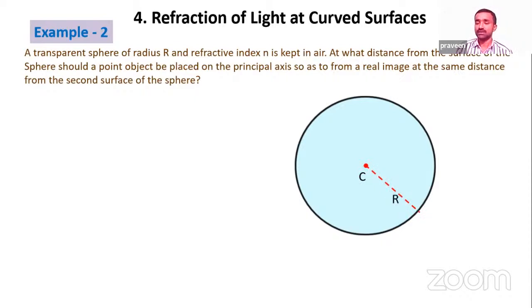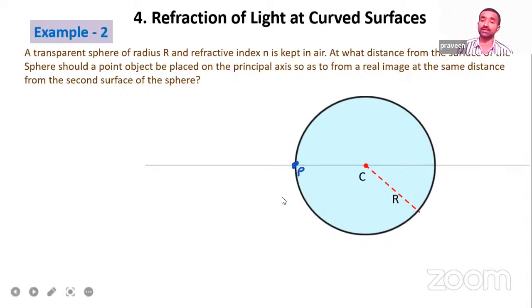Then draw a line passing through the center, which we take as the principal axis. Here you can imagine the pole. The line passing through the pole and center of curvature is the principal axis. Okay, we have the principal axis.